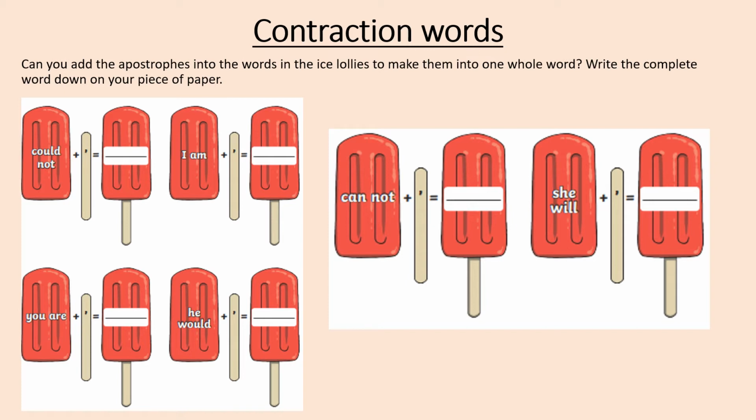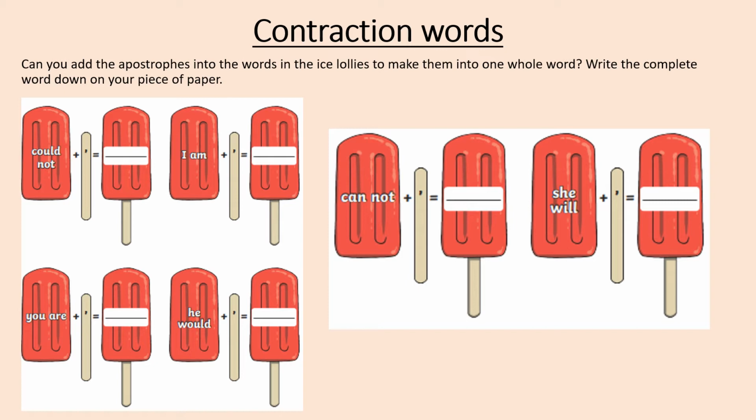Your next word is I am. Okay, when you squeeze that together, what does it become? And you can write that down on your piece of paper and make sure you put your apostrophe in. You are, I wonder if you can have a go at that one of what it could become. He would, there's a few letters that need to come out of that when it becomes a contraction.